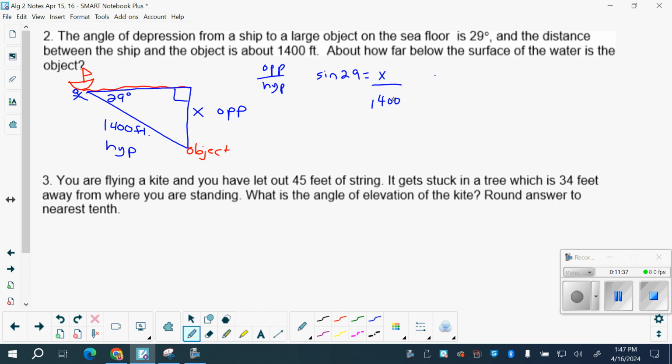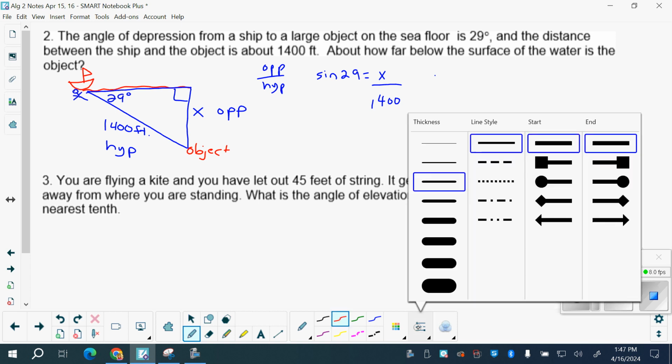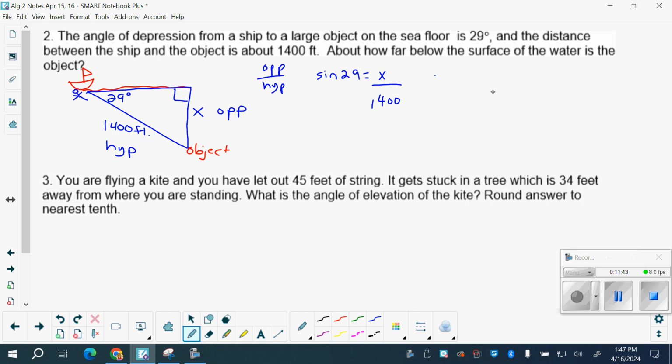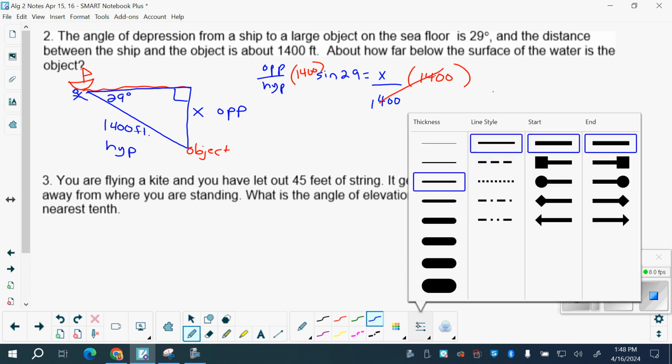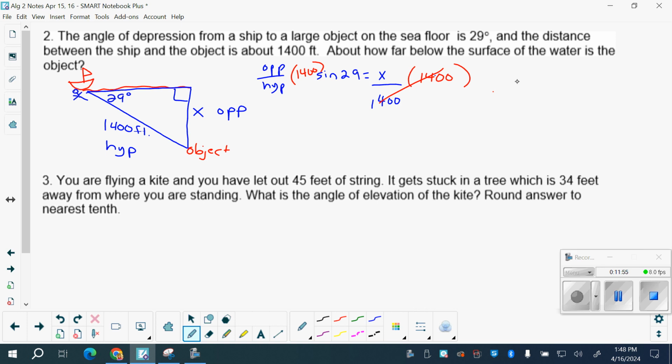What do we do to both sides there? Multiply by 1400. And these cancel. And we get 1400 times sine 29 is x.